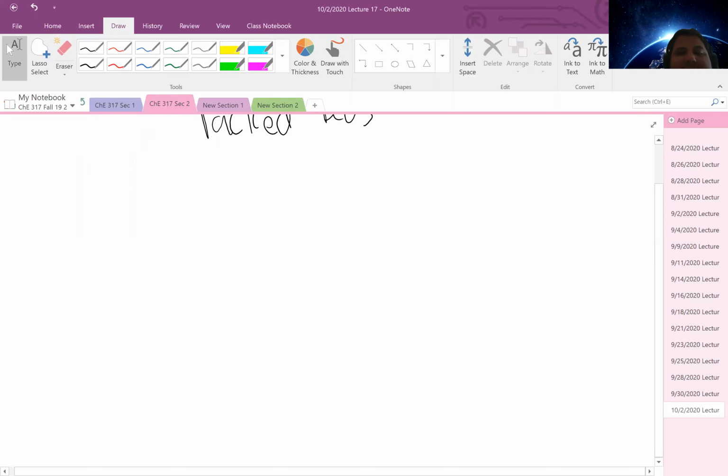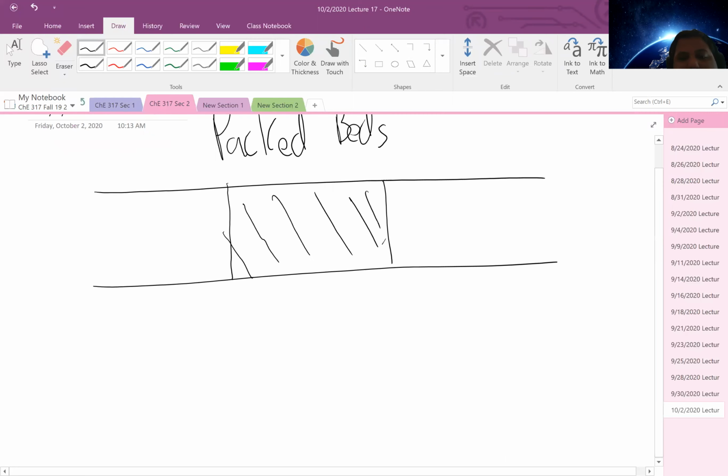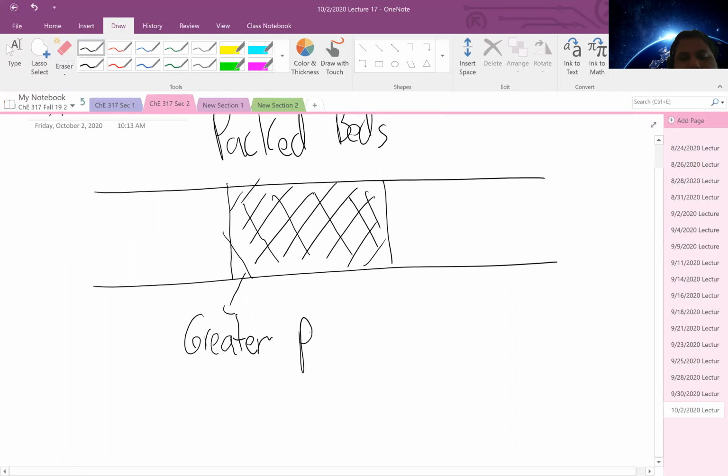So last time we talked about packed beds, and for a given system where we have a packed bed obstructing our flow, we know that we have a greater pressure drop in our packed bed as compared to unobstructed flow.